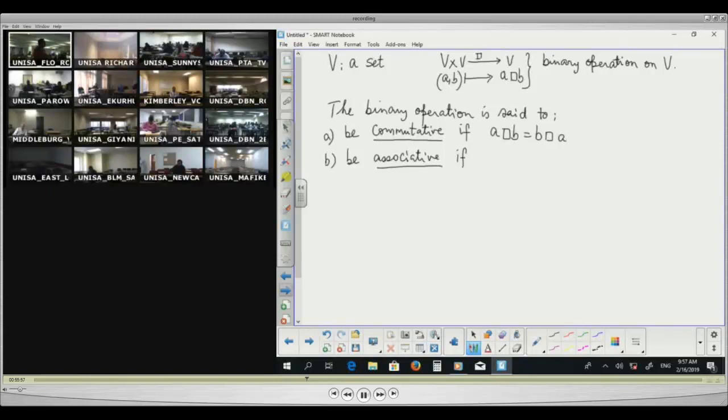Yes. So as I explained, it forces us to the notion of a binary operation. That's why we need to look into these binary operations in isolation first. Okay.